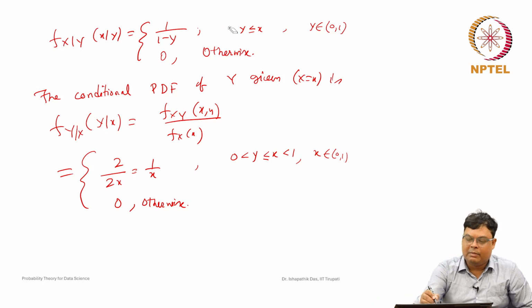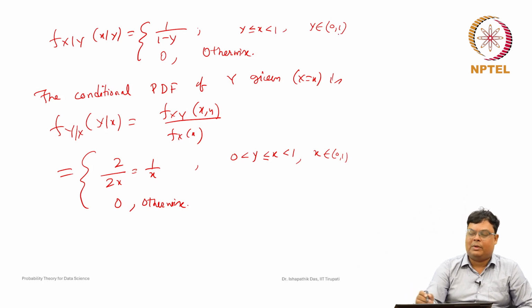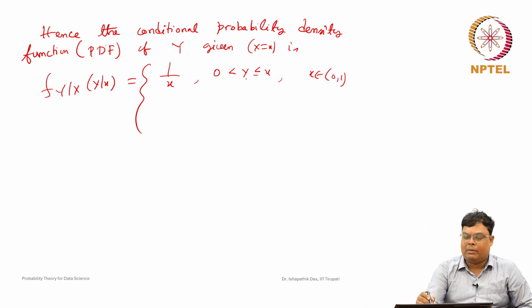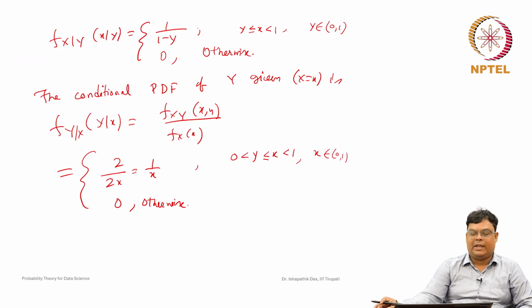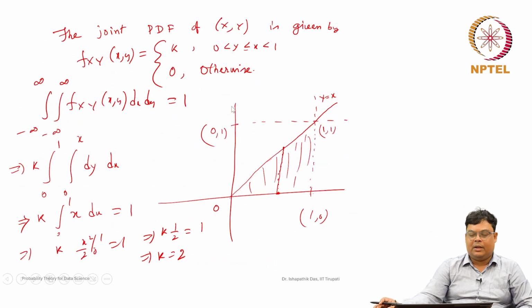It is important what the limit of x is. So, x will be 1 minus y, whatever value y takes between 0 and 1, in the open interval, and the limit of x will be y to 1. That is why it is a uniform distribution in the range y to 1. Here, finally we write 1 by x whenever y is between 0 and x, x belongs to 0 to 1, and this is 0 otherwise. So, this is the conditional probability density function of y given x, and this is the final answer.